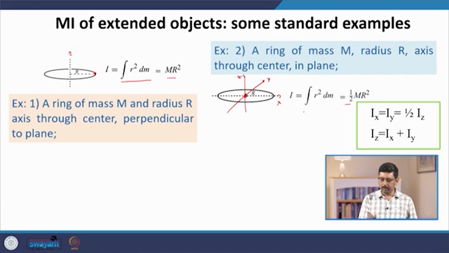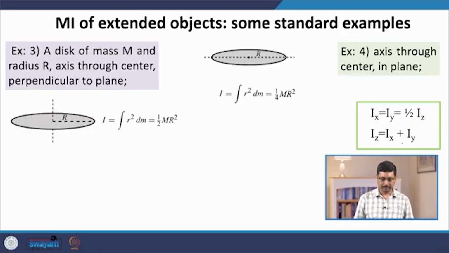By symmetry, we can choose any diameter of the ring as our axis passing through the center, and we will always get half mr square. So, Ix and Iy will be the same, half mr square, and that is going to be half of Iz. So, that verifies the perpendicular axis theorem.